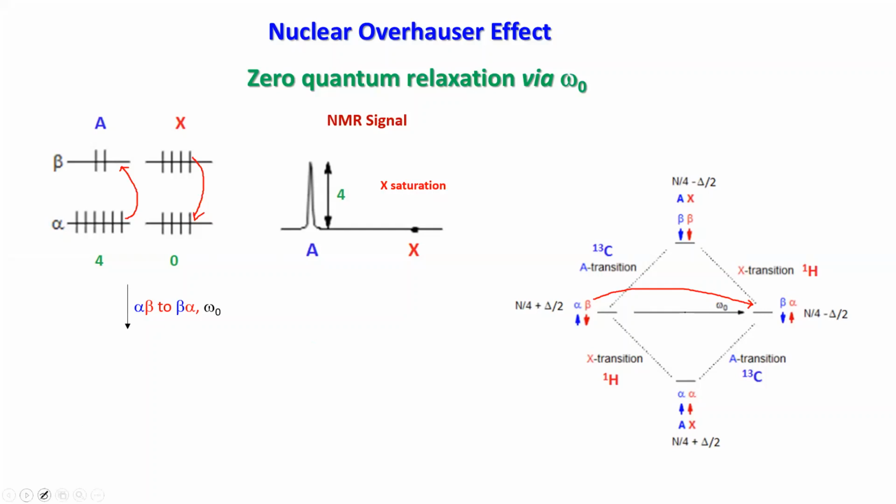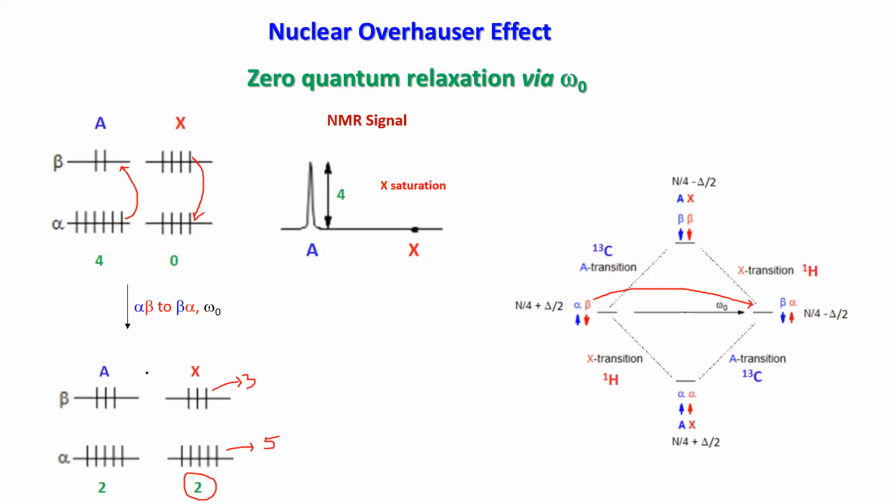If you do that, what will be the situation? You have, for X at beta, the population is 3, and in the ground state it is 5. Okay, so excess population now 2.